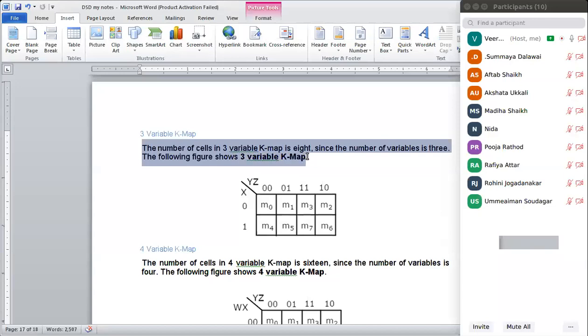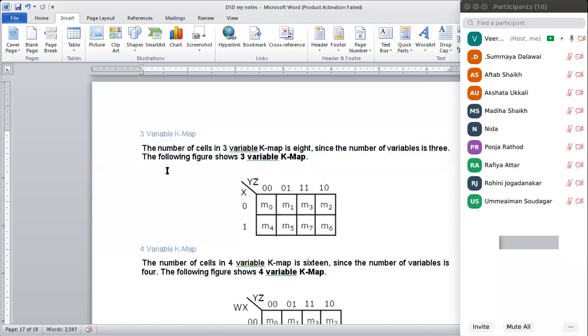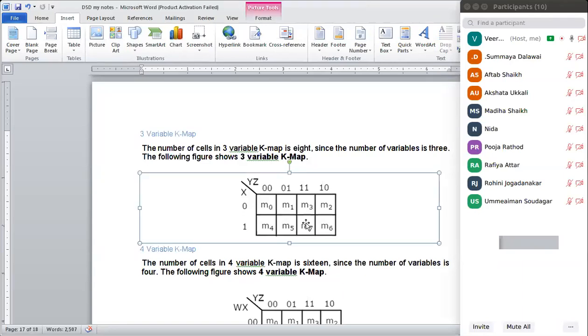If I go for a 3 variable K map, how many cells will I get? 8. Correct? Then how is it written?